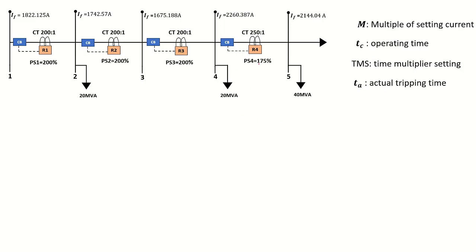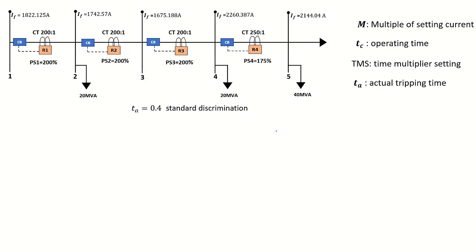Now because relay 4 is the first relay to trip when there is a fault on busbar 5, we assume that relay must trip within 0.4 seconds. Now 0.4 second, we explained that it comes from the grading margins.